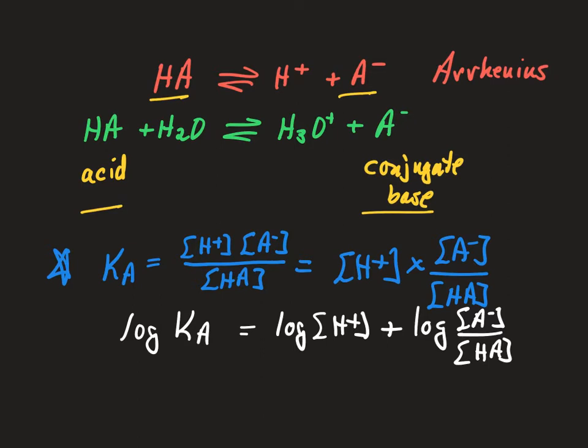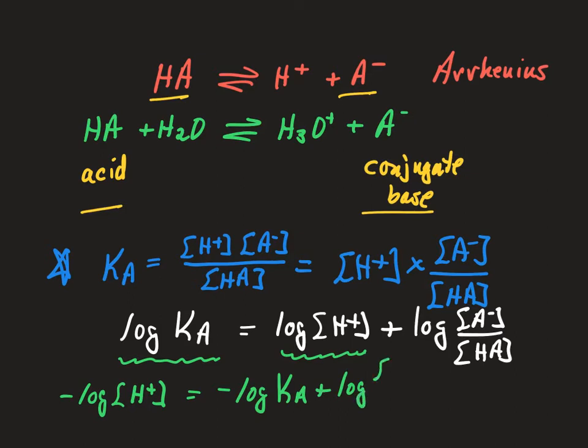Now, if we rearrange this by subtracting this from both sides and by subtracting this from both sides, then we get an expression that looks like this. And I'm going to write it over here so we have room. The negative log of the concentration of hydrogen ions ends up on the left. The negative of the log of the Ka ends up on the right. And then you've got the log of that ratio of your basic form to your acidic form.